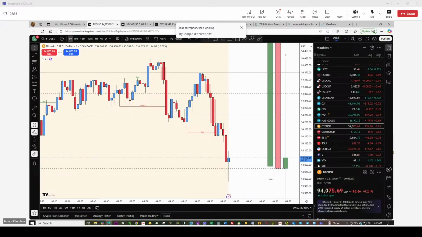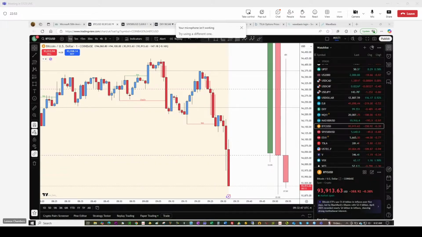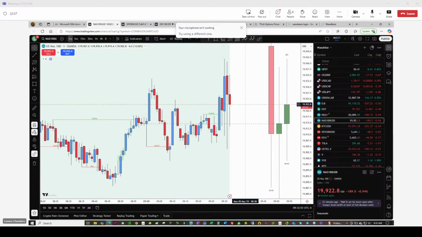So Bitcoin didn't even give us that pullback, a deeper pullback. It would have been nice if they got a deeper pullback here. That would have been a nice entry. They just went straight. So that was the unexpected move. I thought we'd get a deeper pullback first, but a nice move on Bitcoin. So I was just watching NASDAQ only, so I missed that opportunity.